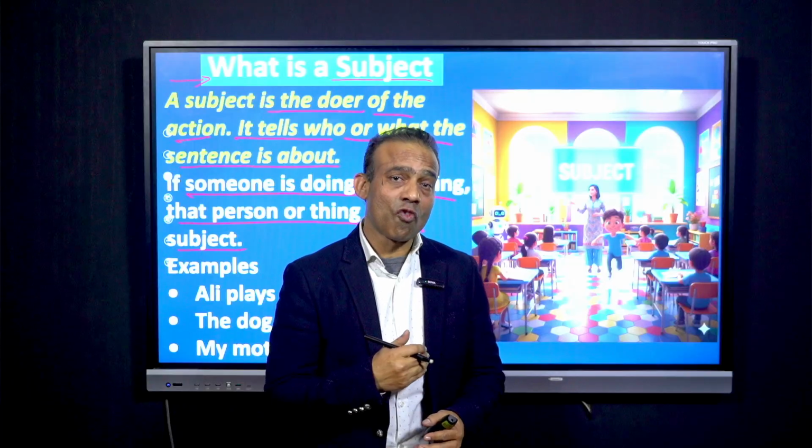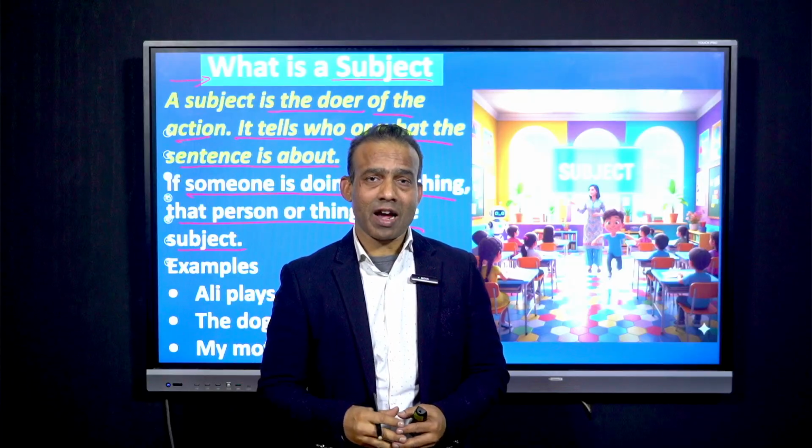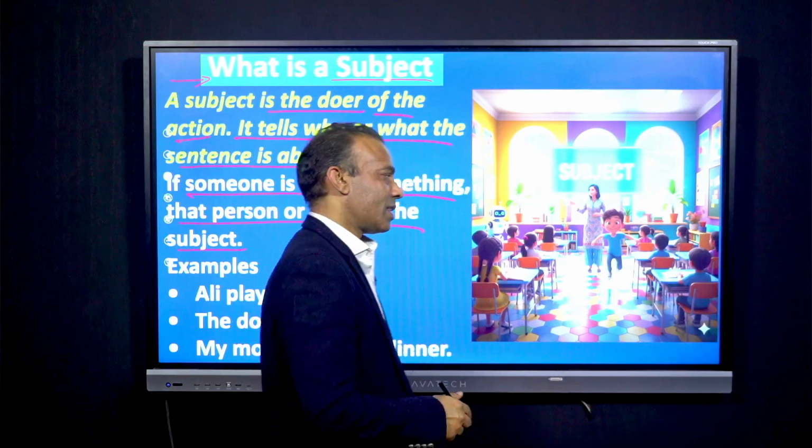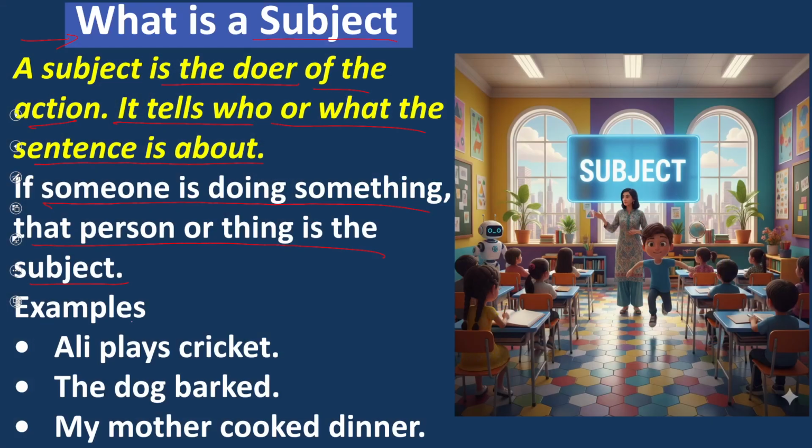Now, let's move to the board and try to have the examples. Yes. Now, these are the examples. Ali plays cricket. Here, the action is playing cricket, and who is doing this? Ali. So, Ali is here the subject. The dog barked. Who is barking? The dog is barking. So, the activity of barking is being done by the subject, dog.